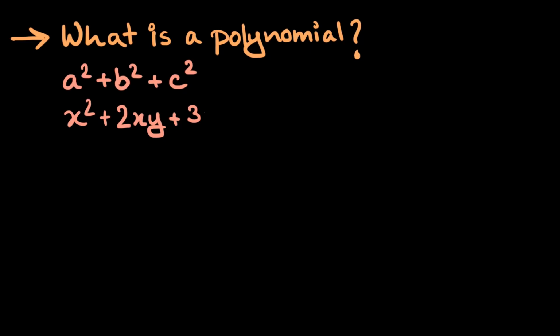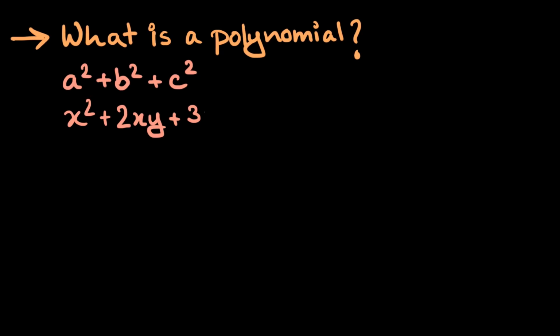So the first part, x squared plus 2xy, obviously meets the criteria of positive integer power. What about 3? Well, we can imagine that with 3, we have x or y to the power 0. And 0 is a non-negative number, and therefore, this is also a polynomial.